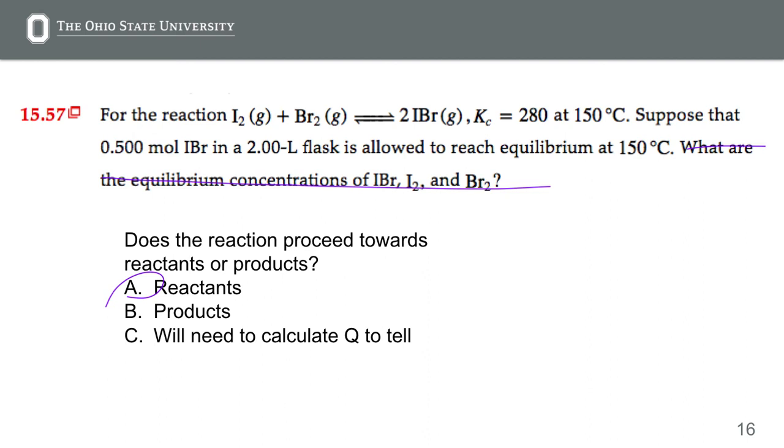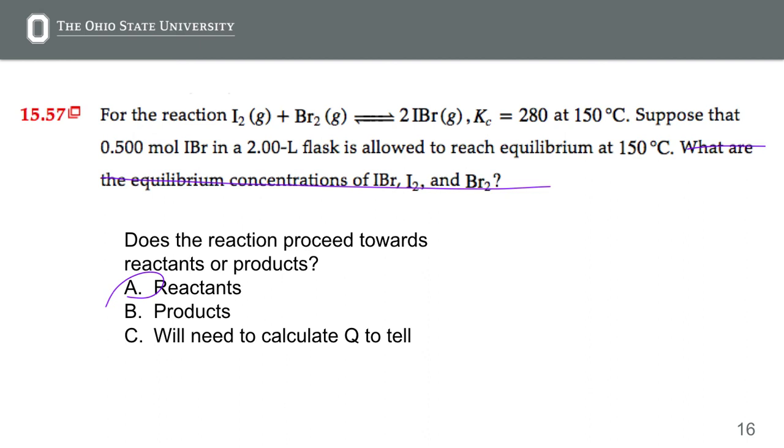Let's imagine we have our empty vessel, and we just put I2 in that vessel. What happens with regard to this equilibrium? Goes towards reactants, products, nothing. If we only have I2, nothing else, nothing's going to happen, right? There's no other reactant. There's no Br2 to react with. I think you've had a couple of homework questions like this.